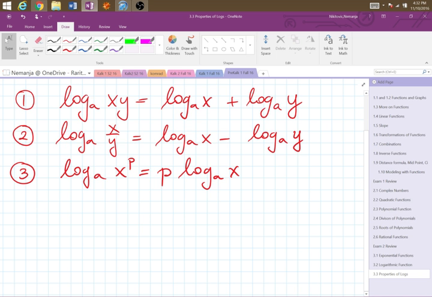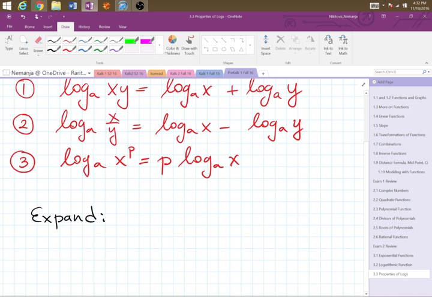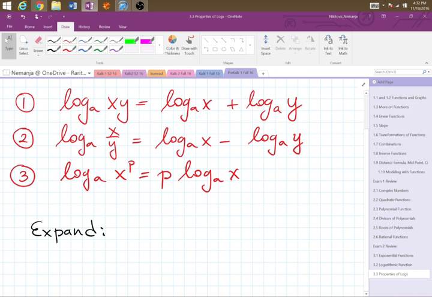So what do we do? Let's take a look at the problem, which will say expand. So this is a problem where you are going to get something like this: log base, let's say 3, of x cubed y to the 4th divided by square root of z.